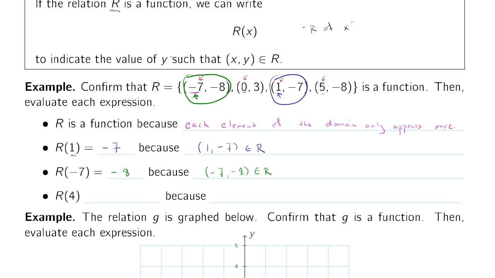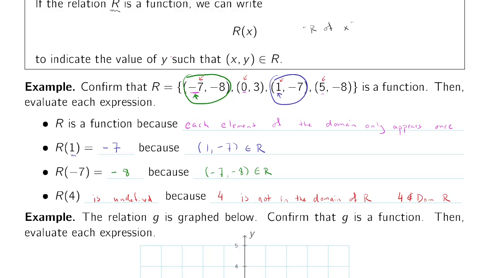We would describe that by saying that 4 is not in the domain of R, or in notation, 4 is not an element of the domain of R. And since 4 is not an element of the domain of R, how do we take the value of y so that (4, y) is in R? Well, there's no such value. What we say is R of 4 is undefined.